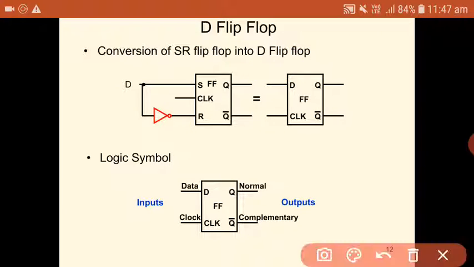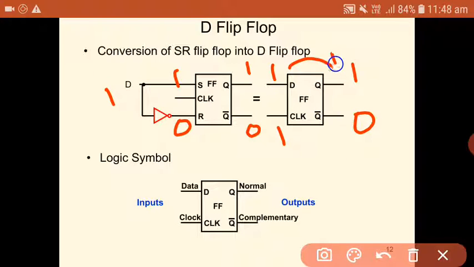Similarly, if D is equal to 1, internally S will be equal to 1 and R will be equal to 0. For S equal to 1 and R equal to 0, Q will be 1 and Q bar will be 0. That means if D is 1 and the clock is equal to 1, then Q will be equal to 1 and Q bar will be equal to 0.